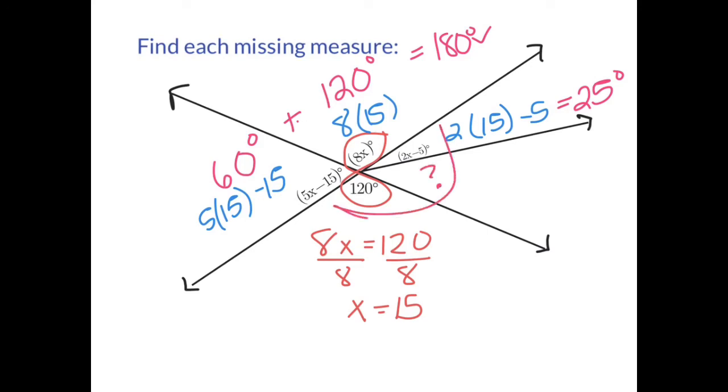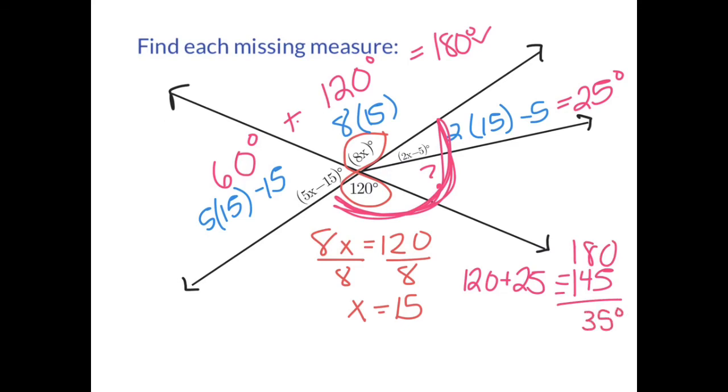And I'm going to use the fact that these three here create a line. So I can take 120 plus 25 to get 145. Then I'm going to take that out of 180 to get 35 degrees. So this is going to be 35 degrees in here.